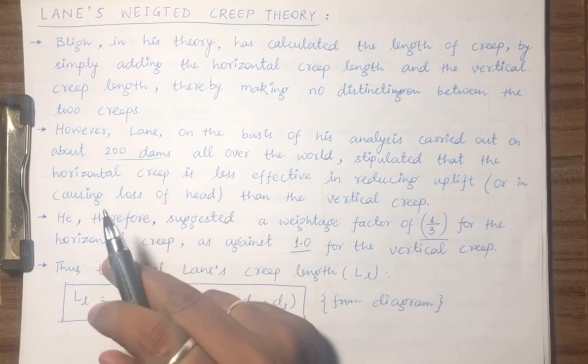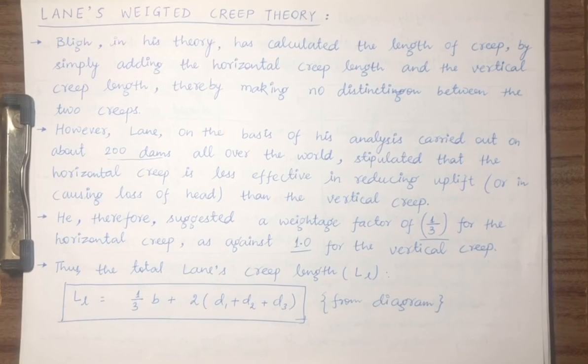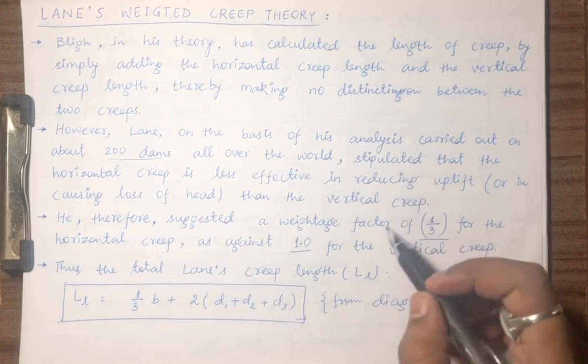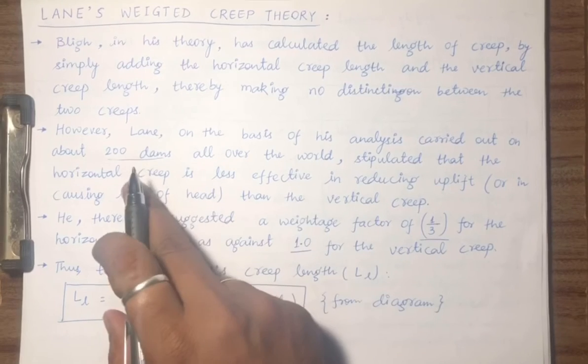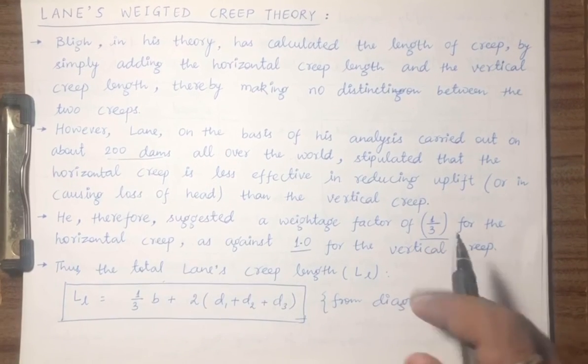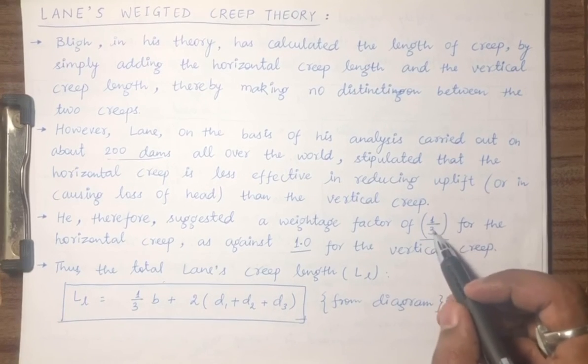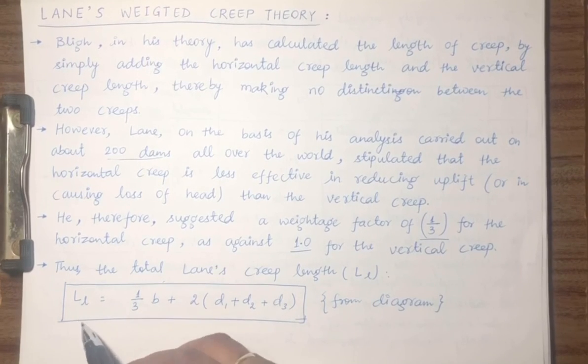So in Bligh's theory, he used one factor for horizontal as well as vertical. Lane, by studying 200 dams all over the world, said that a weight factor of 1/3 should be used for horizontal creep. So L will be, this is vertical, this is same, this is horizontal, so it will become 1/3.